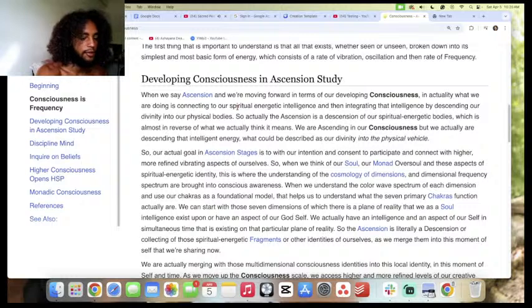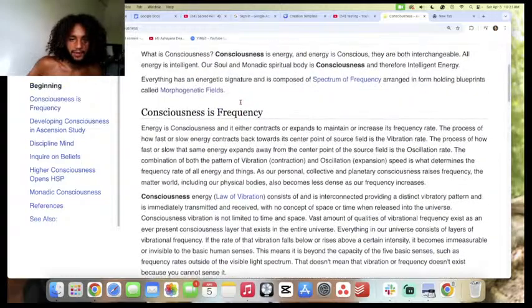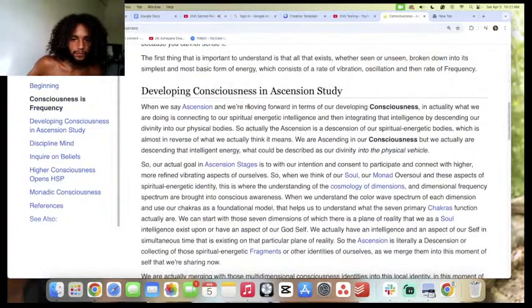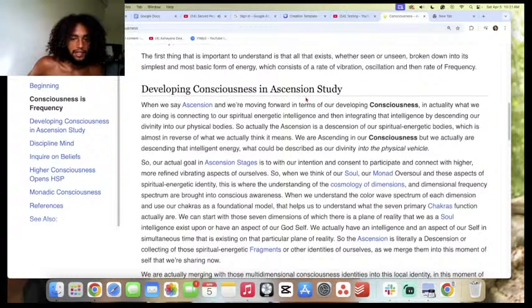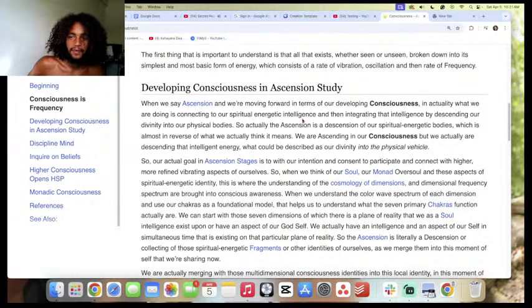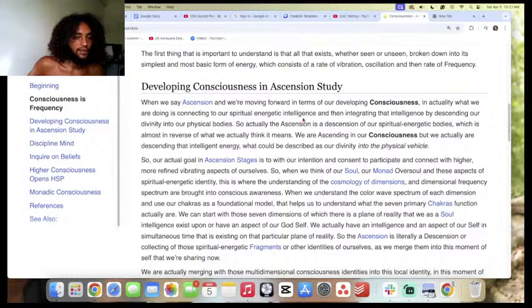You said you've been here for a minute. Heard. So you must have caught when I was reading these aspects right here. So we're gonna go into developing consciousness in ascension study, because the information within the Ascension Glossary is very valuable. We're also gonna read Voyagers as well, because that read is gonna be lit.